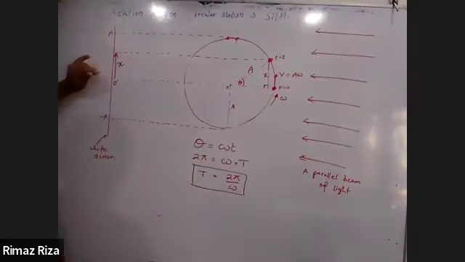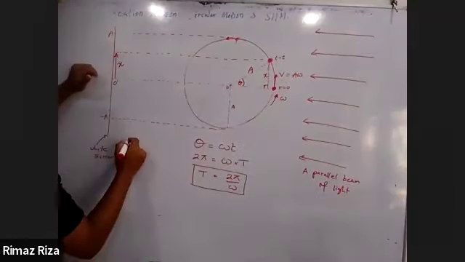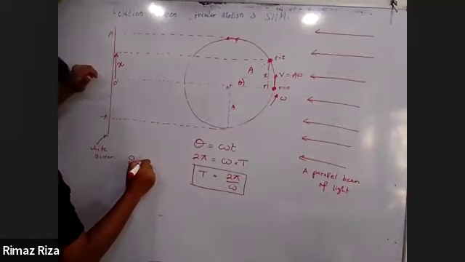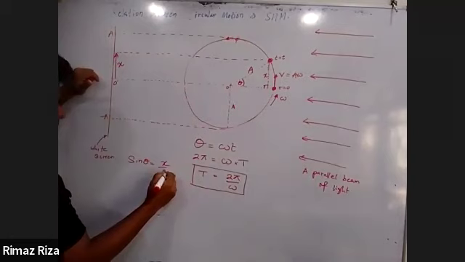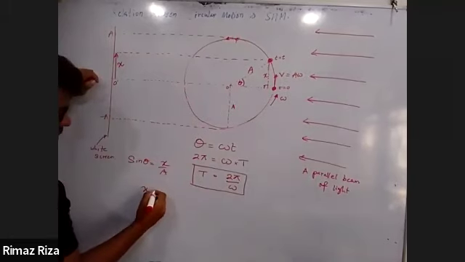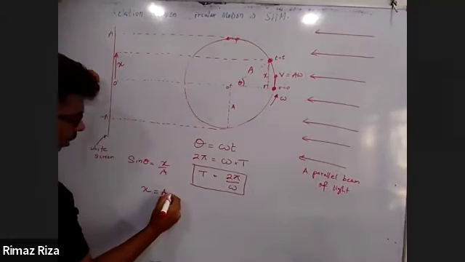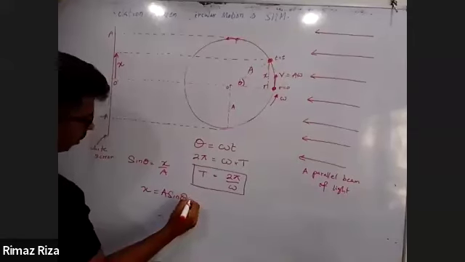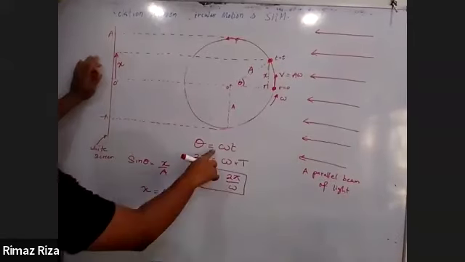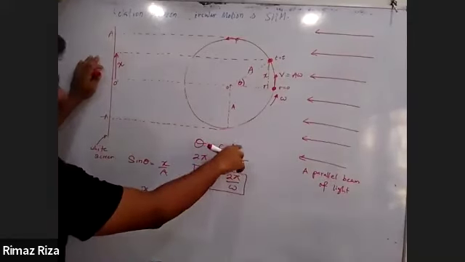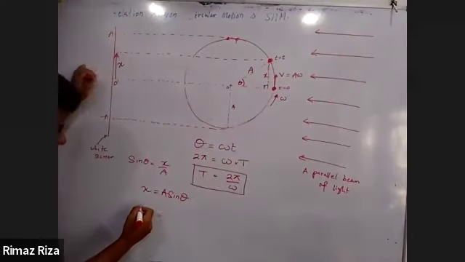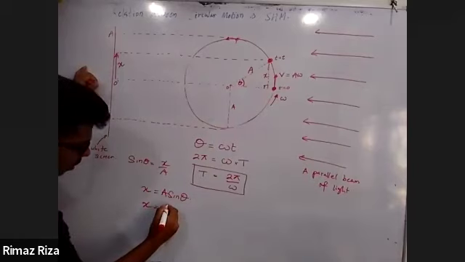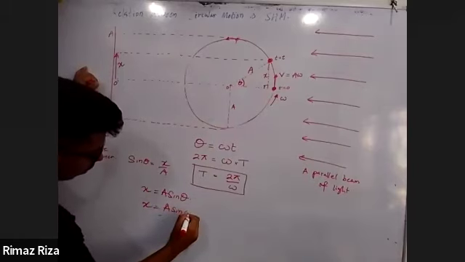The sine theta is equal to opposite over hypotenuse, x over A. Making x the subject, x equals A sine theta, and we know theta equals omega t for any time. Therefore, x equals A sine omega t.